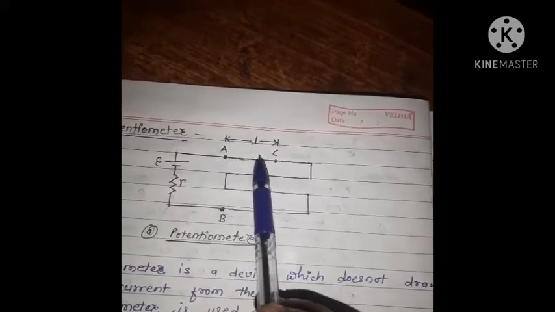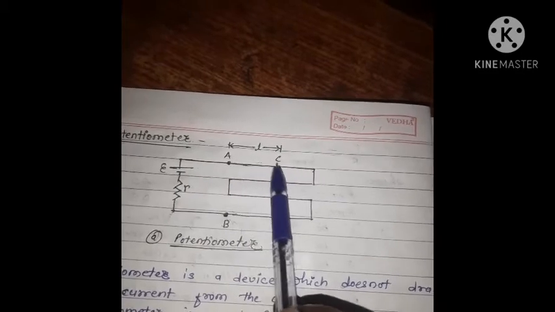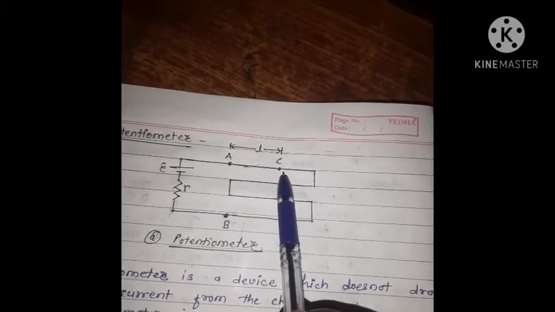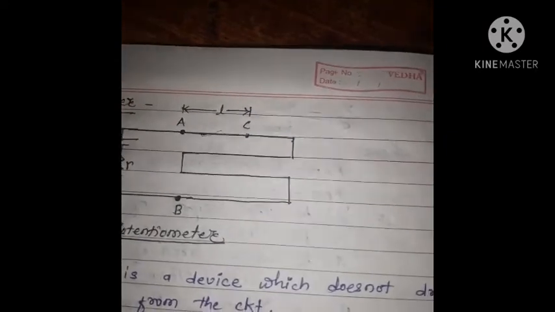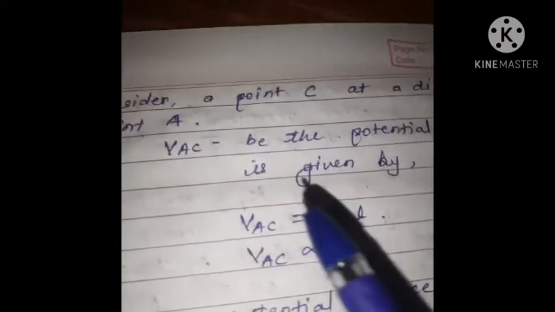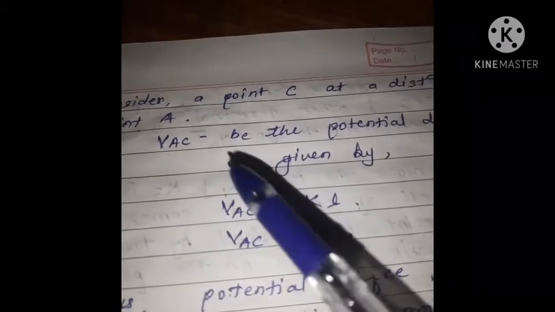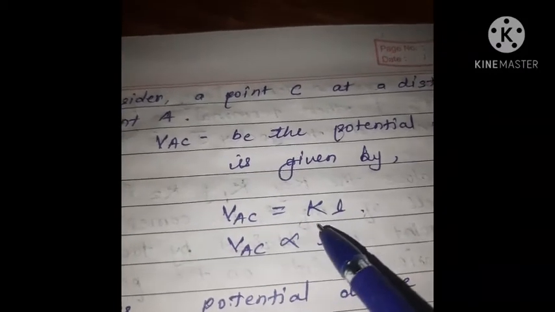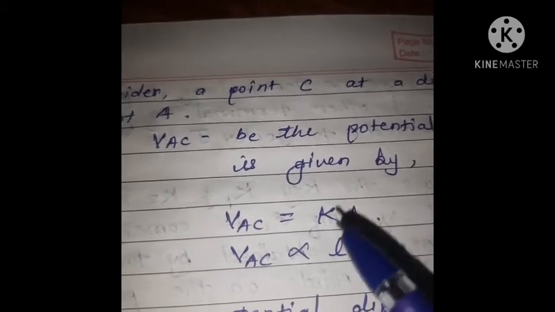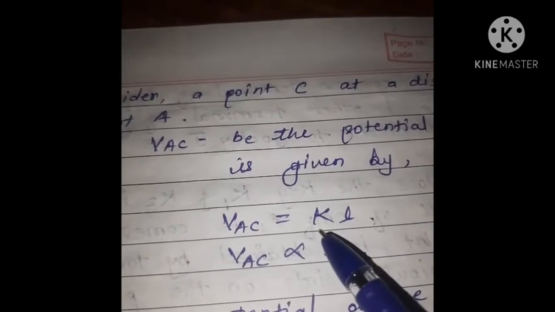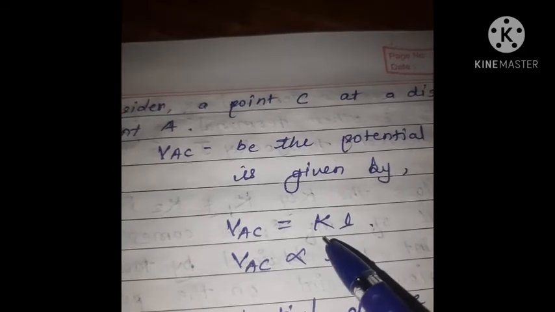So the potential difference between the points AC is VAC is equal to K into l. This K is potential gradient.